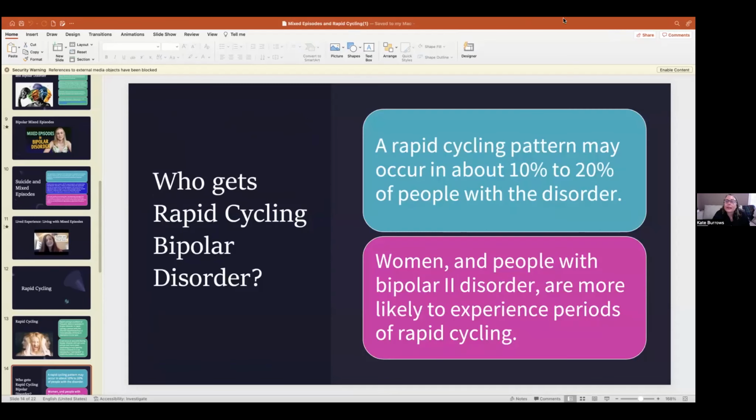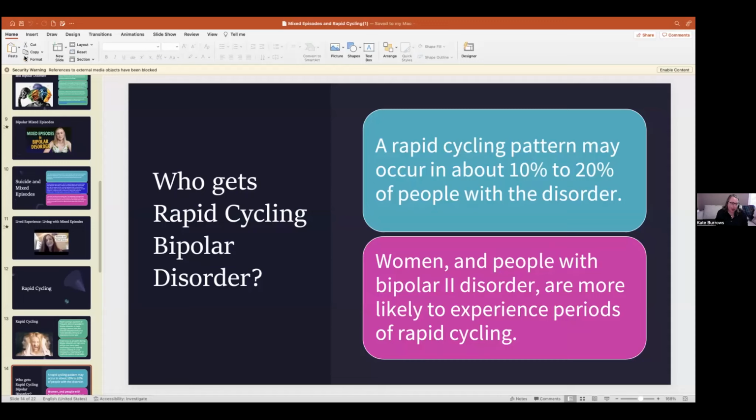Rapid cycling occurs in 10 to 20% of people with bipolar disorder, and women and people with bipolar 2 disorder are more likely to experience periods of rapid cycling. Now, this is kind of interesting because this totally contradicts what I just said, which is that hypomanic episodes are generally not considered as part of rapid cycling.